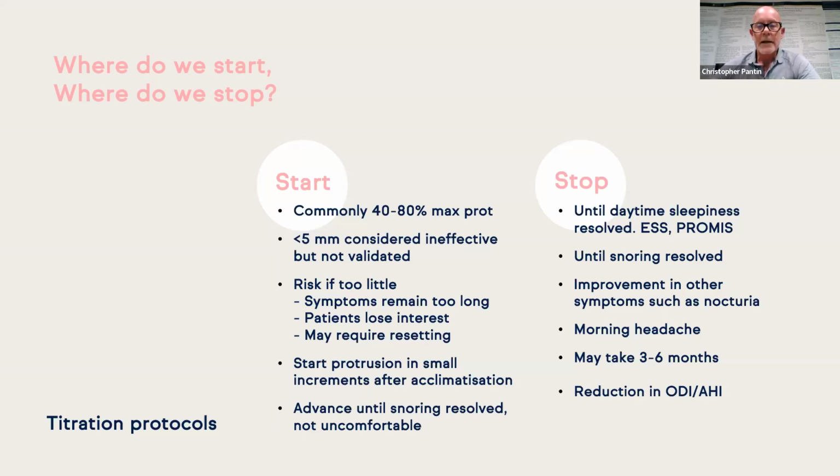It means that if your splint only has a 5 mm range, but you have started too far back, you will probably run out of adjustment before you potentially get the outcome the patient's after. So therefore, you'd have to reset the splint further forward.